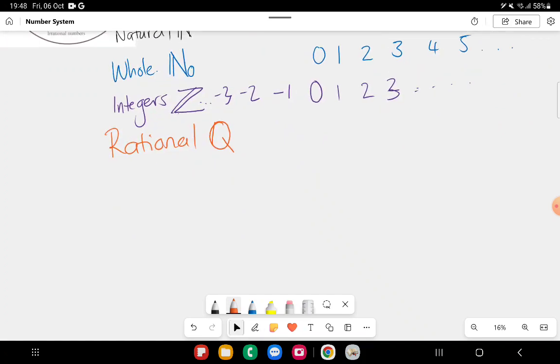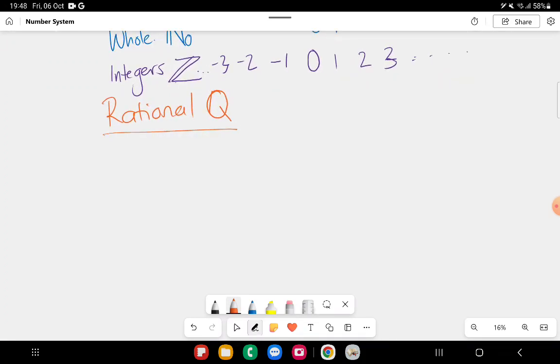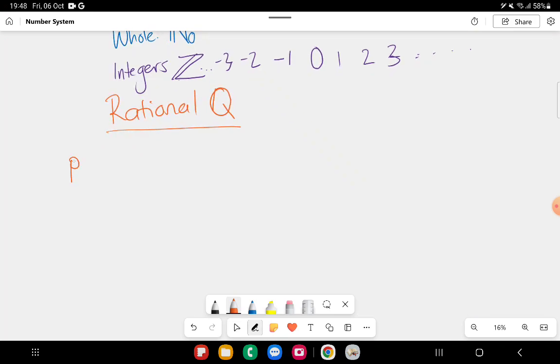So for our rational numbers, we are looking at proper fractions. So a fraction is a number that has a numerator and a denominator. A proper fraction will be something like 1/2, where the numerator is smaller than the denominator. That is a rational number.